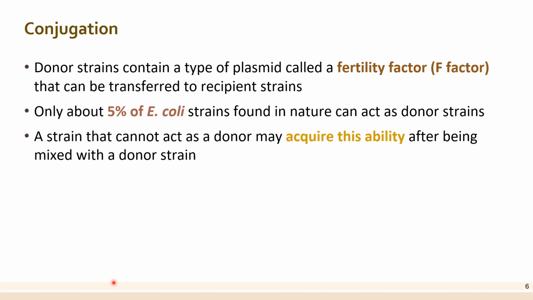So when it is transferred over, it can be maintained as a plasmid, or it can be integrated, in which case it's a special case that is not going to get lost because it is encoded in the genomic DNA. If it's on the plasmid, there's a possibility the plasmid could be lost, no longer maintained by the cell. But as long as that fertility factor is present on a plasmid, the bacteria will maintain the ability to form the pilus.